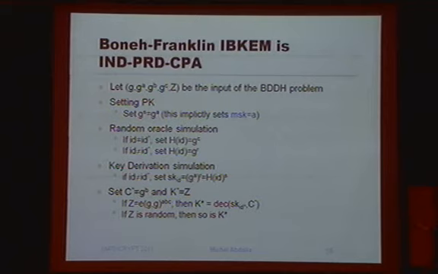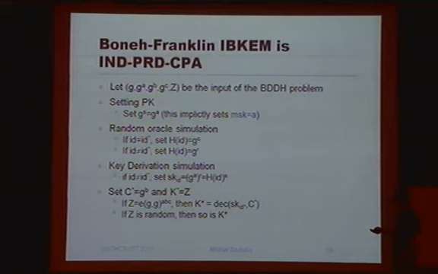Then when you simulate the random oracle, you set the challenge to be g to the c, and for any other identity, you simulate the random oracle knowing their r. Because you know r, you can answer key derivation queries for any identity other than the challenge identity, using g to the a, which is the public key. Then the ciphertext c star will simply be the other value here, and the key is set to be Z.